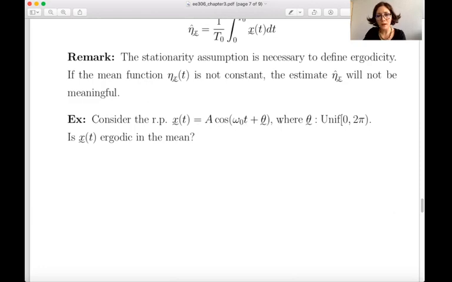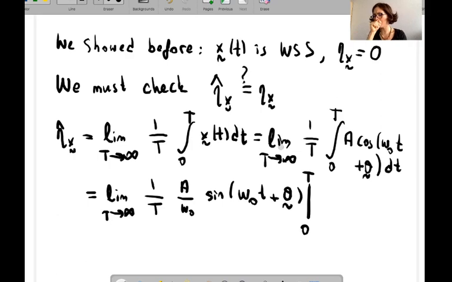So I have the full information of my random process. My random process will be, in that case, A cosine of omega 0 t plus pi over 2. Theta is fixed to a certain value because I'm talking about a single realization of my random process. I prefer to keep theta in the random variable notation.